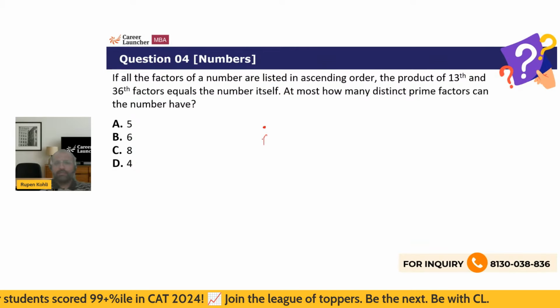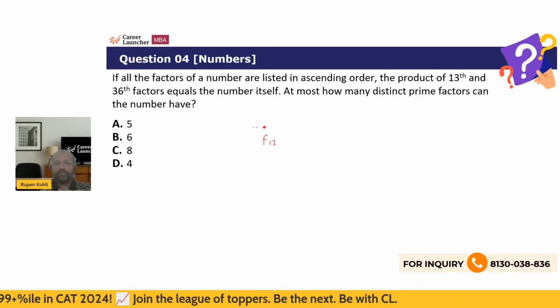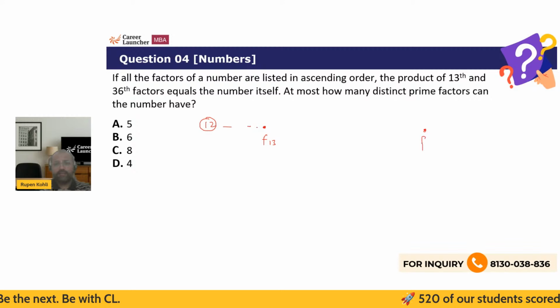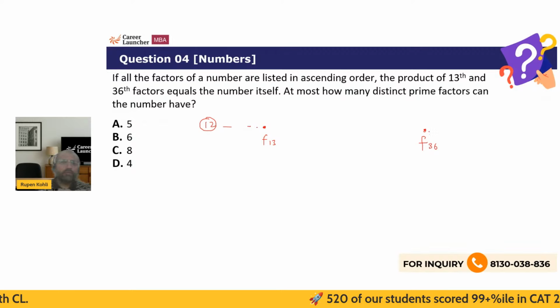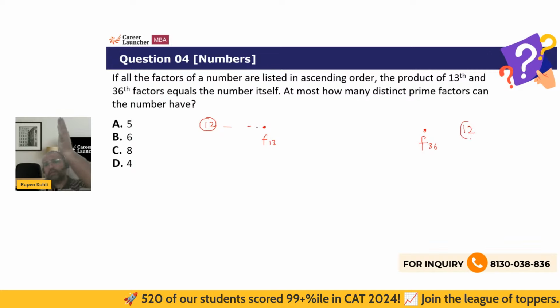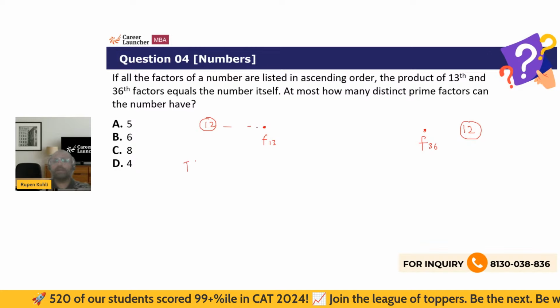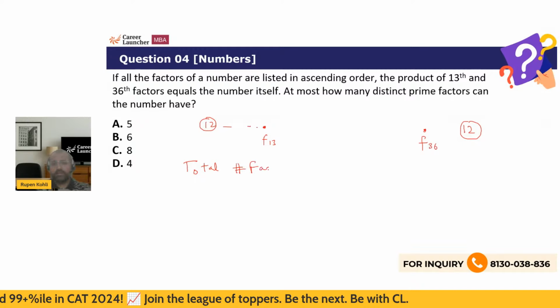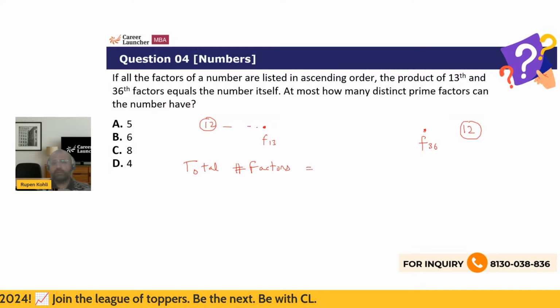This is F13, and there'll be 12 more factors prior to it, and there is this 36th factor, F36. So there should be 12 more factors ahead of it. So the total number of factors we can deduce is 48. 36 and 12 further ahead, 48.